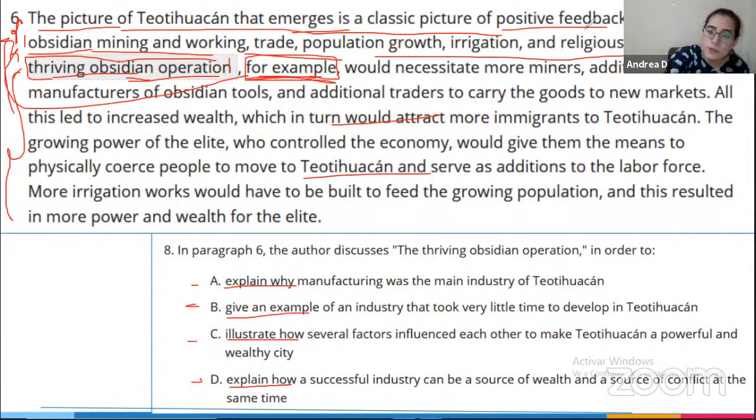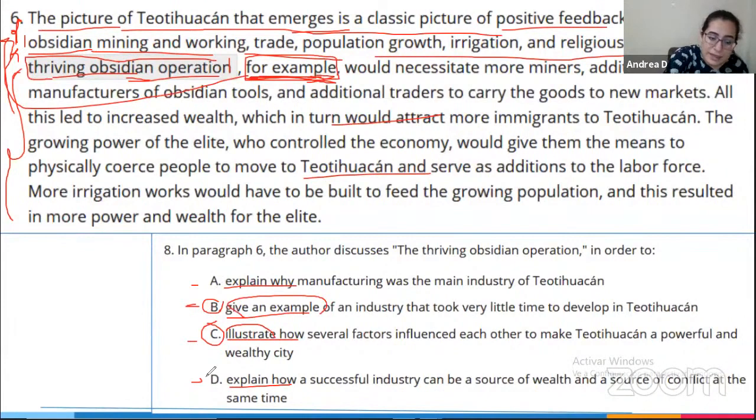So be careful with these words. They are basically giving you a good idea of what the answer could be. Now you have, for example, and if you look at B and C, they both could be the possible answers, because B goes, give an example and illustrate how. So illustrate, give an example.